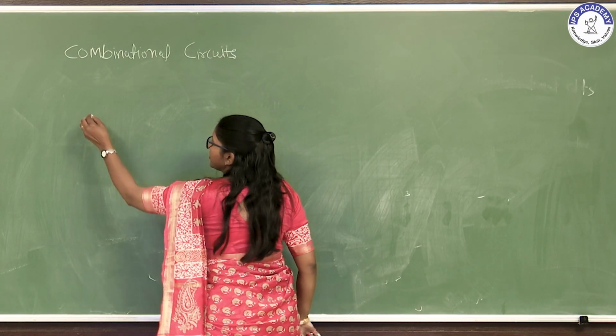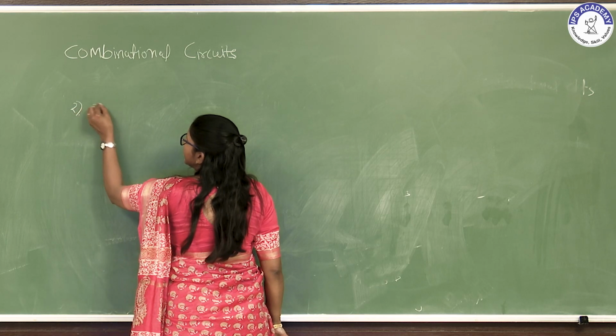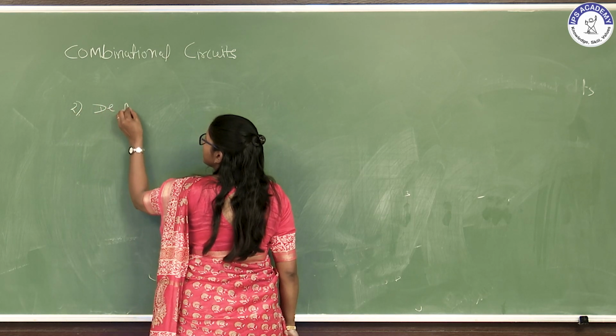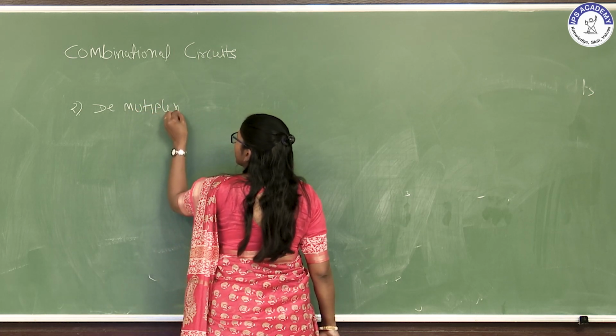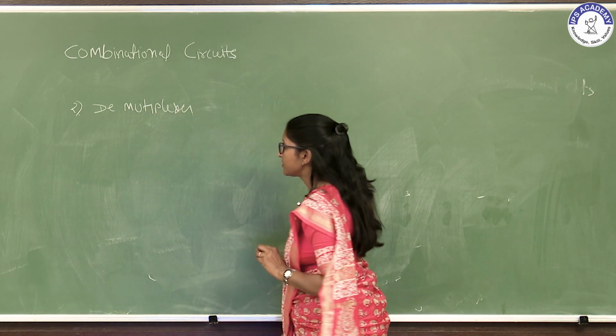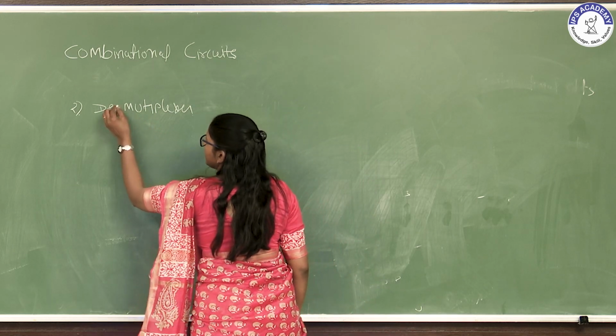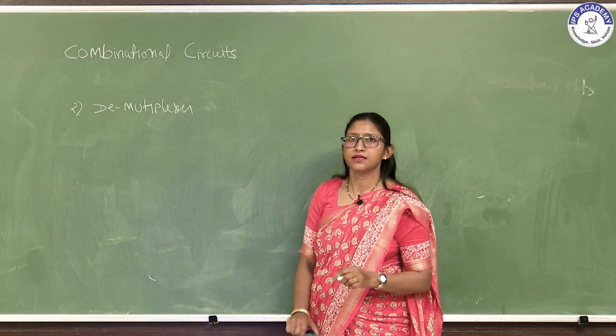Now the second one is the demultiplexer. Demultiplexer is the vice versa of multiplexer.